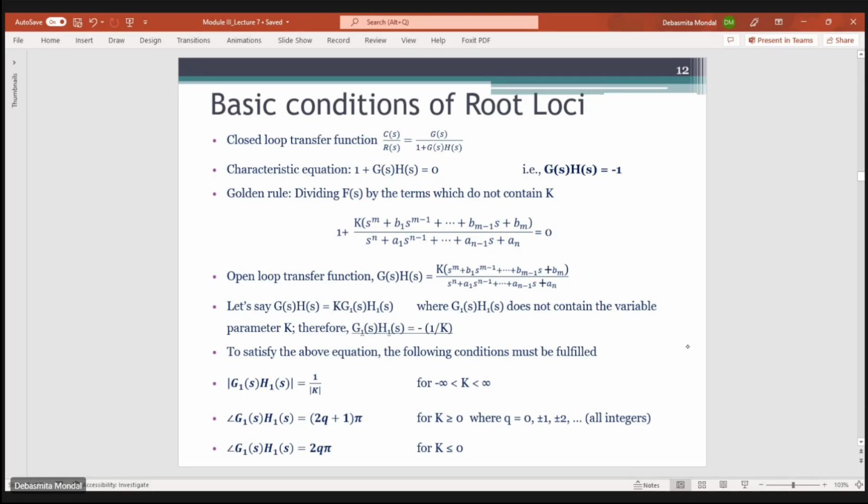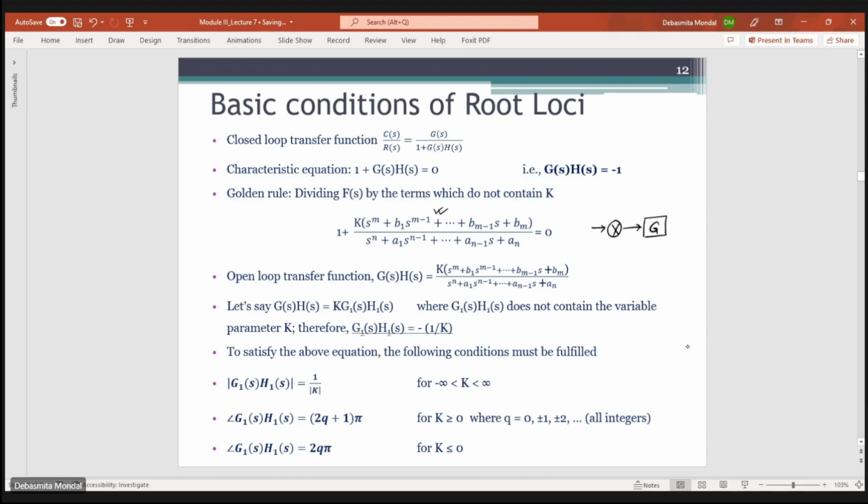And if you compare this equation with the characteristic equation, you can write that this term is equal to G(s)H(s), the open loop transfer function. Remember, the moment I say that the open loop transfer function is G(s)H(s), I am referring to a unity feedback system.